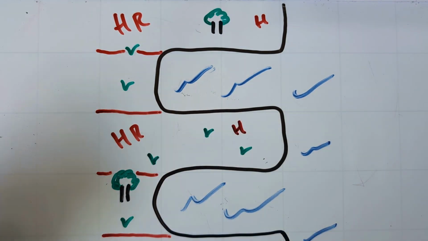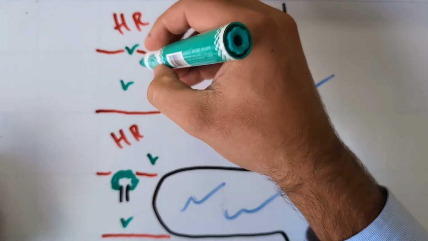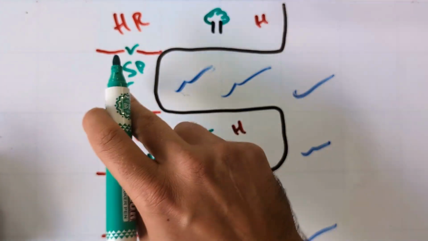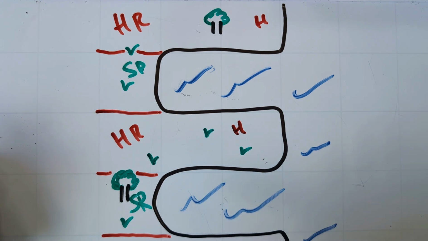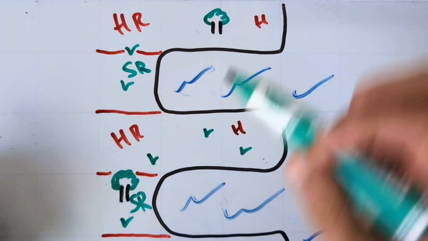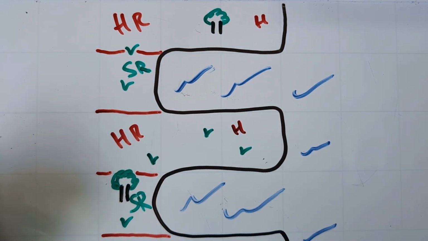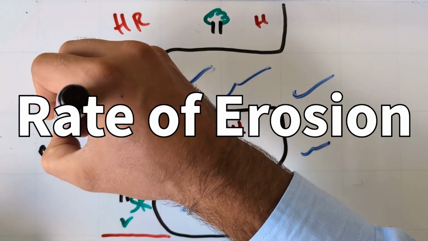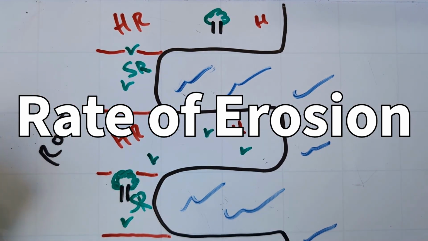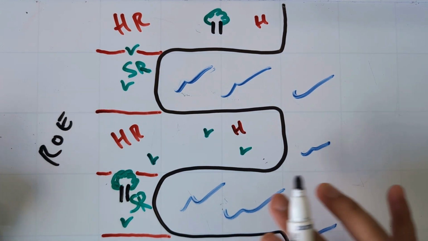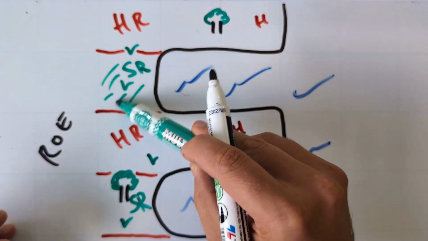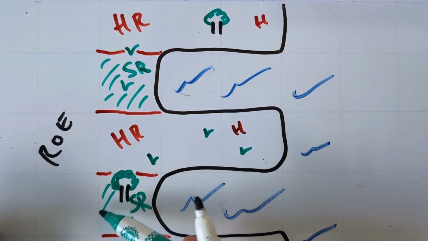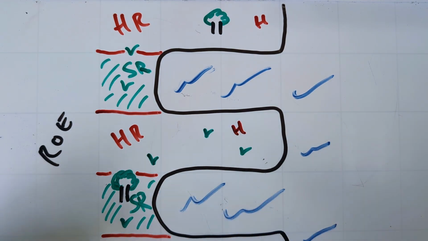What's it alternating with? Well, we know this. It's alternating with soft rock. So this area here is soft rock, and this area here is soft rock, okay? Now remembering that our rate of erosion is central to this, these areas here in green are going to erode at a faster rate, okay?